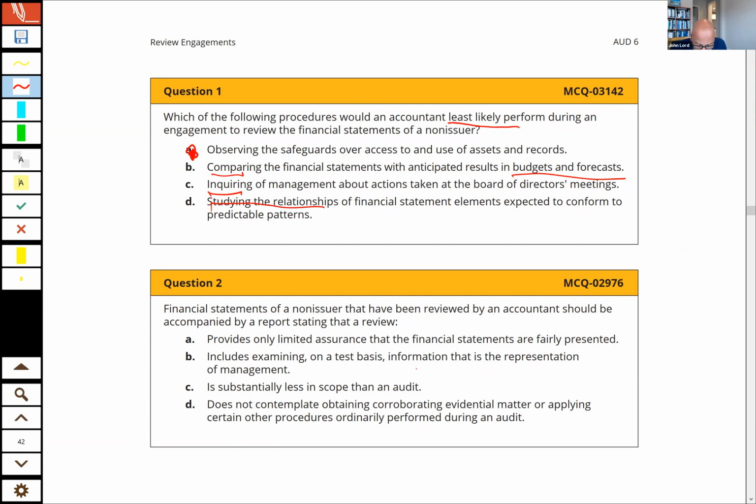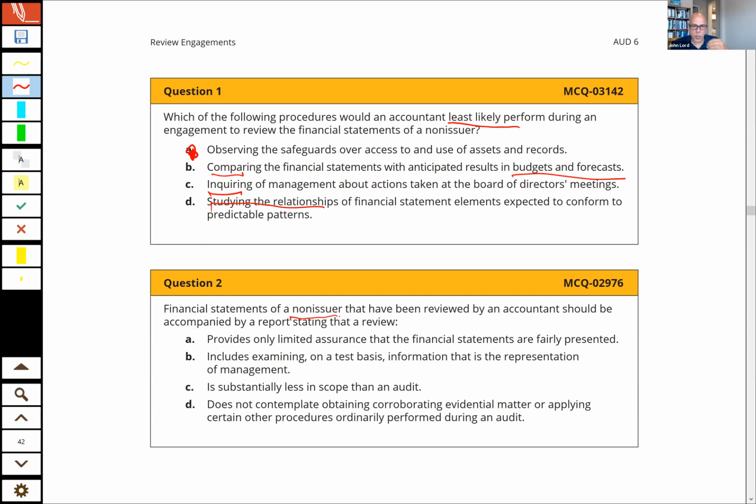Okay, let's go ahead and take a look at this one. We got a pretty good outcome, at least 75% anyway, on this one. But let's take a look at it. Okay, and financial statements, and they talk about non-issuer here.